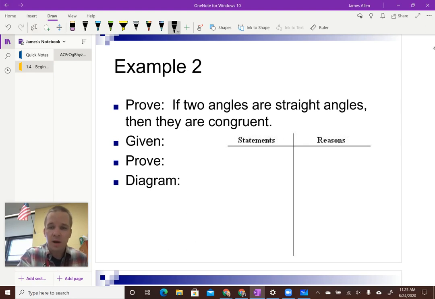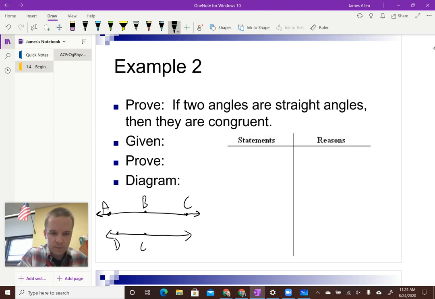So first thing, our given is that, let's say I'm going to draw a diagram actually so we can list it out. So let's say we have A, B, C, and this can go on forever. And then let's say we have D, E, and F. Okay. So our given is that angle ABC and angle DEF are straight angles.